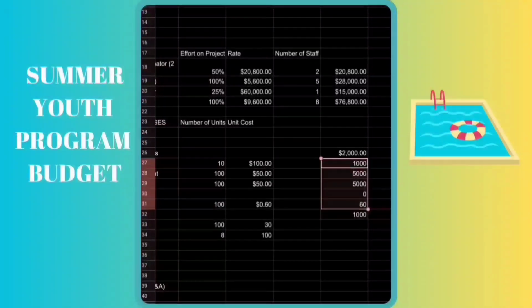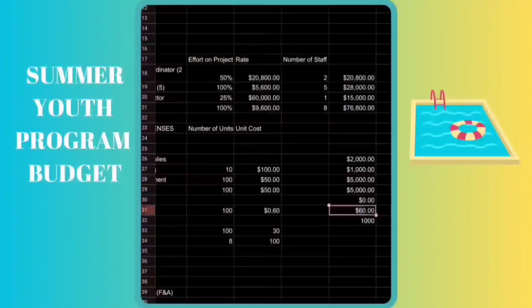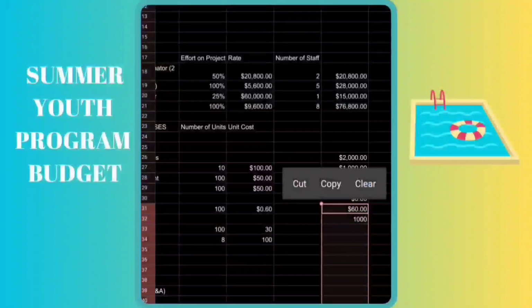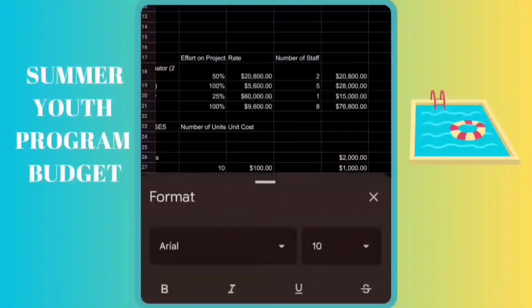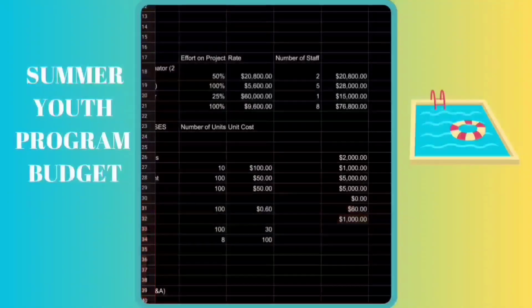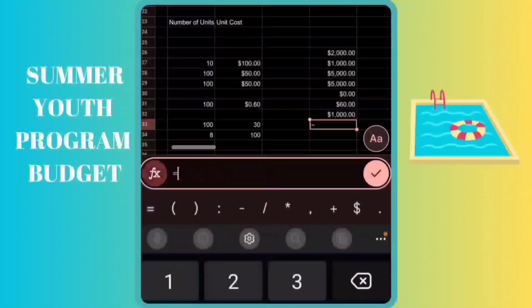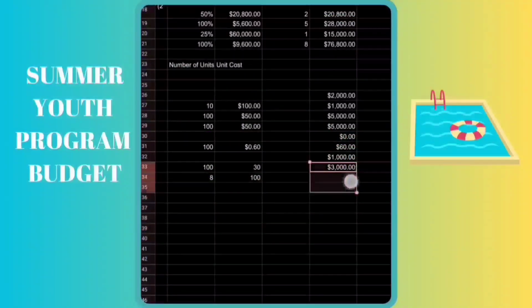So I've created a formula to multiply the number of units by unit cost. And I'm auto-filling that formula. I'm setting up each line as currency. I'm multiplying the cells together in column B and column C, and I'm auto-filling again.